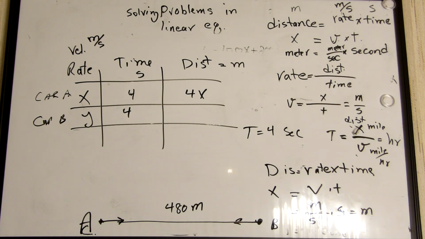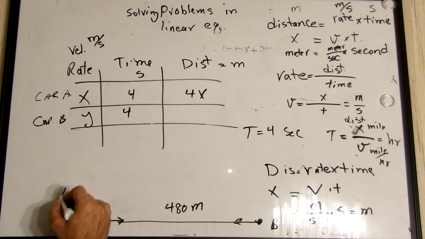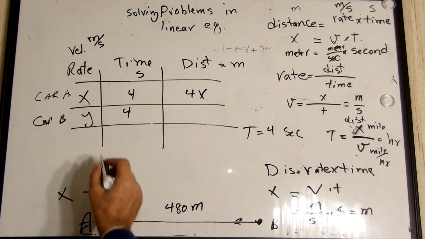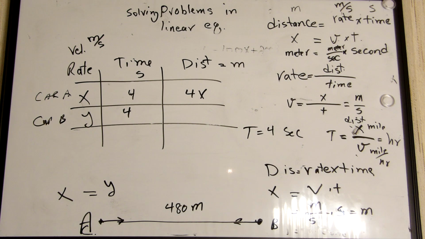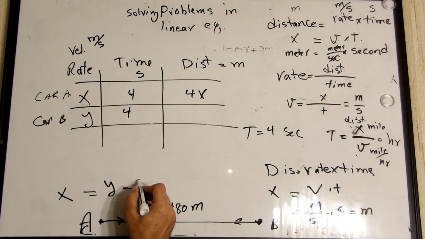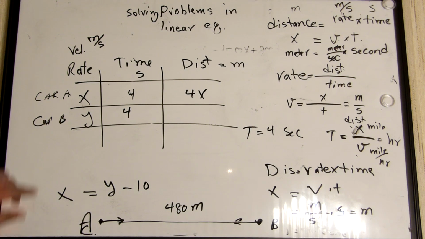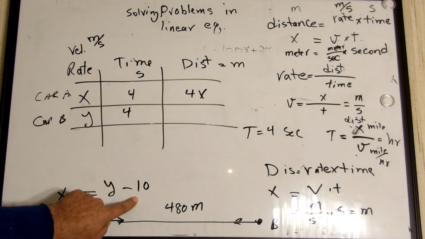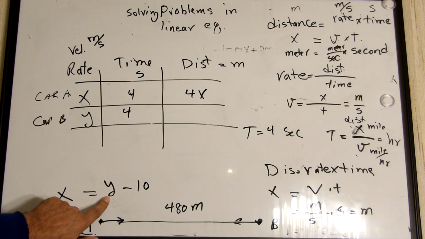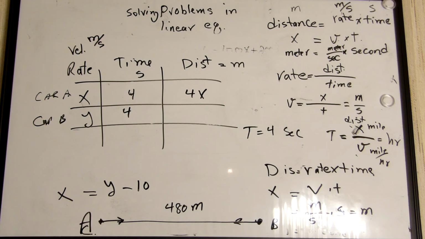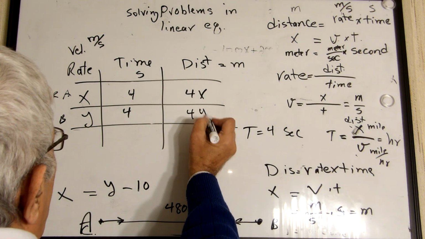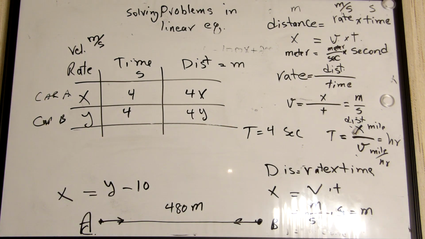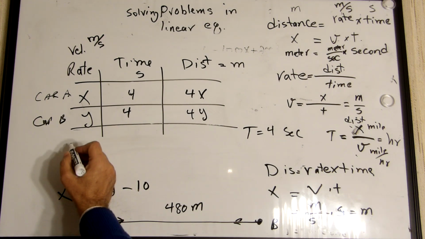One of the things we got to know is that the rate of car A, x, is, for example, y minus 10, meaning the car is traveling 10 meter per second less than y, meaning slower. So we have 4x, 4y.